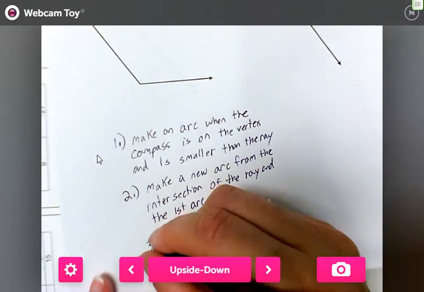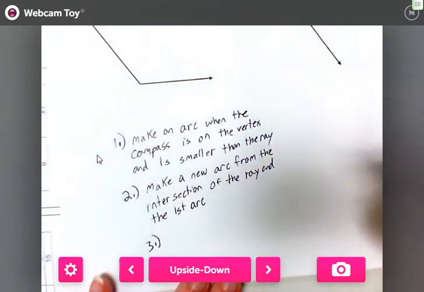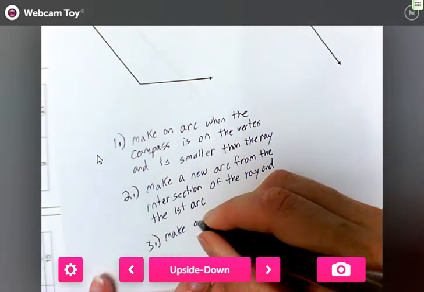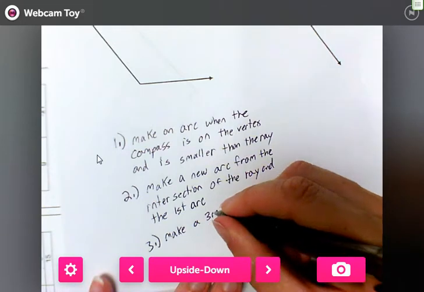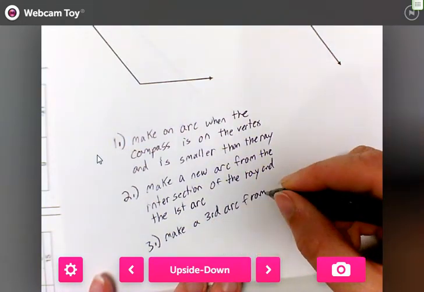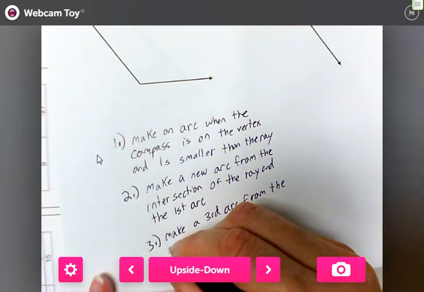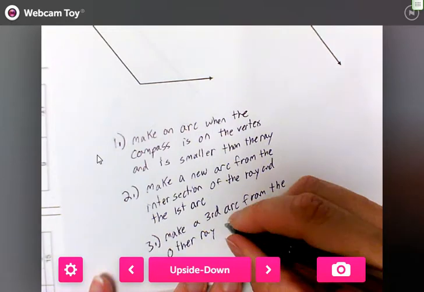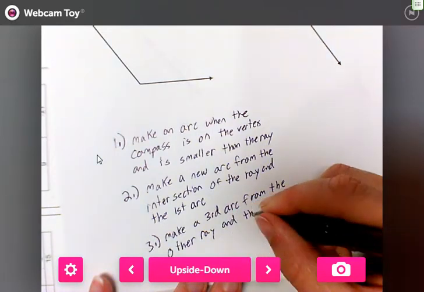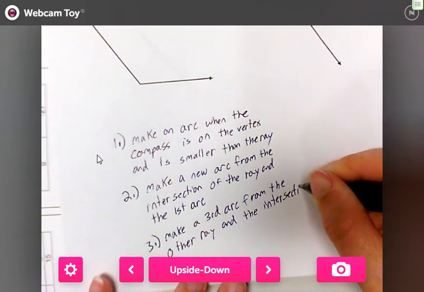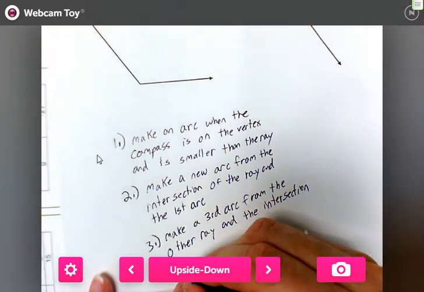Three, make a third arc from the other ray and the intersection of the first arc.